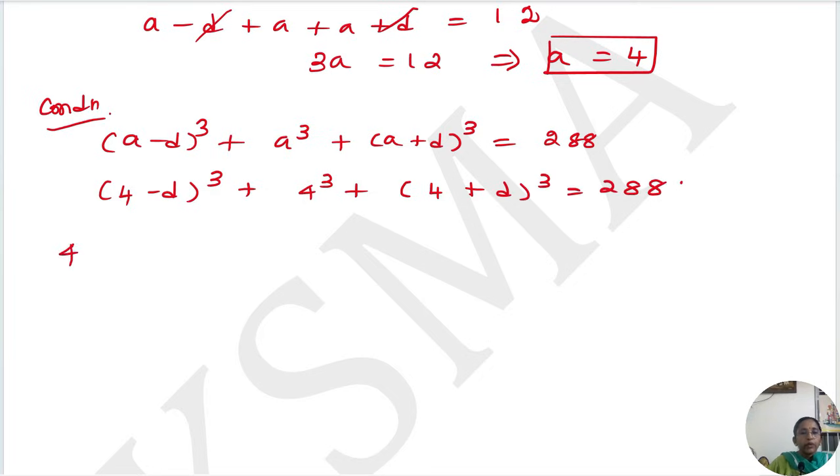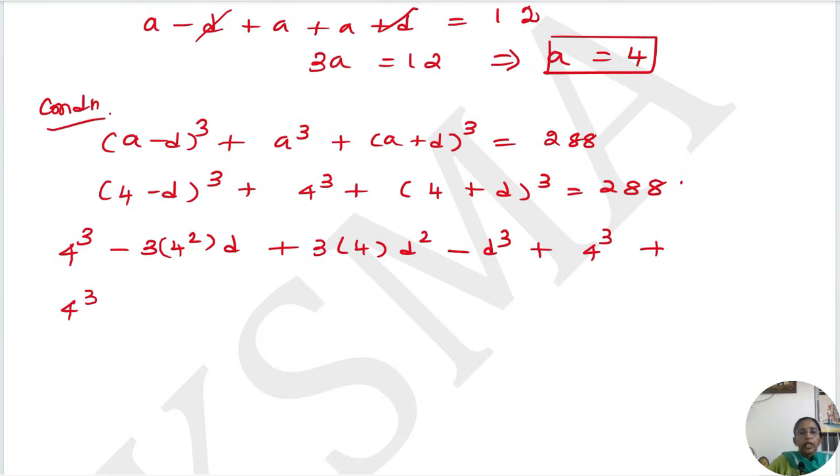So apply our formula: 4 cube minus 3 times 4 square D plus 3 times 4 D square minus D cube plus 4 cube, and again (A plus B) the whole cube: A cube plus 3A square B plus 3AB square plus B cube, which is equal to 288.